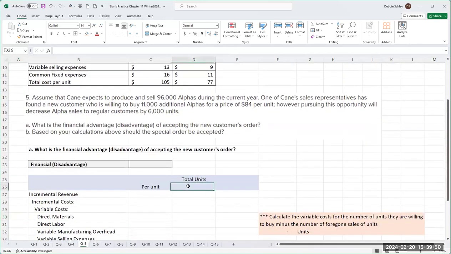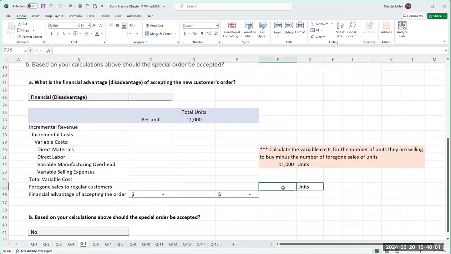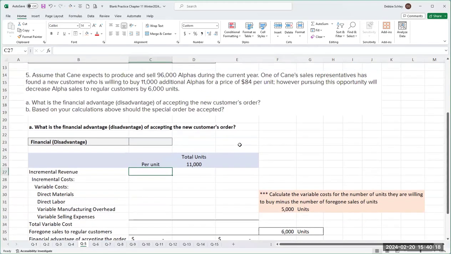Okay, so first I'm going to put the 11,000 units right here. And I'm going to put the decrease in units right here so that I remember to calculate the foregone sales to regular customers. So it was going to be $84 per unit.